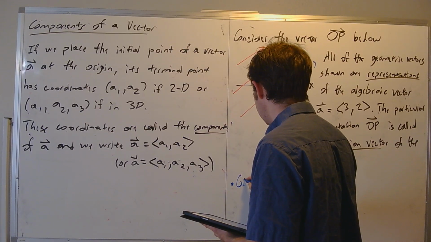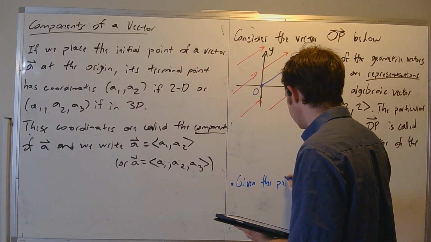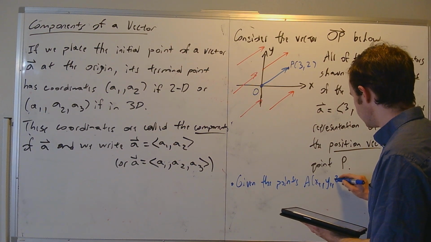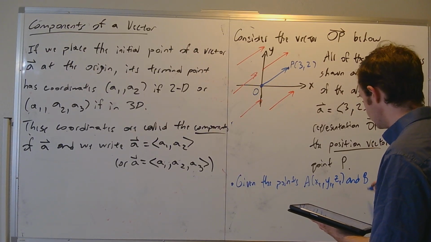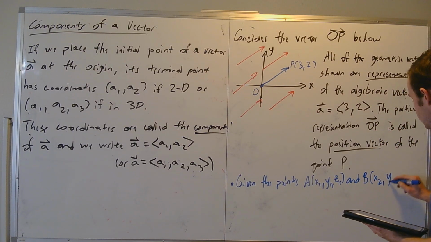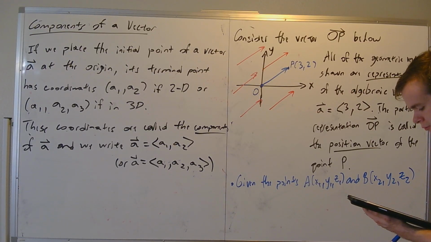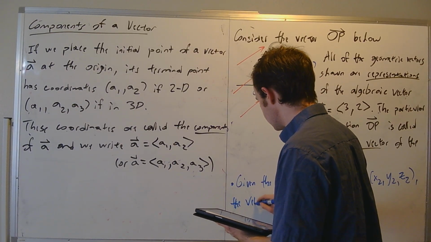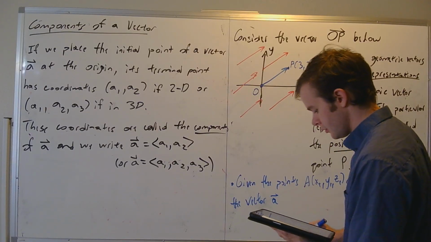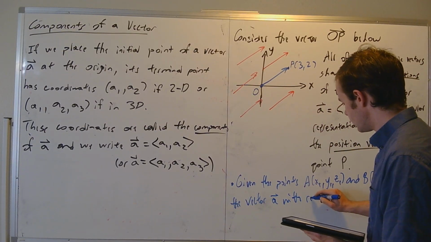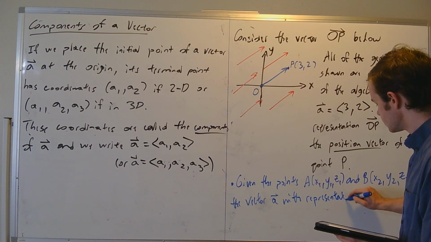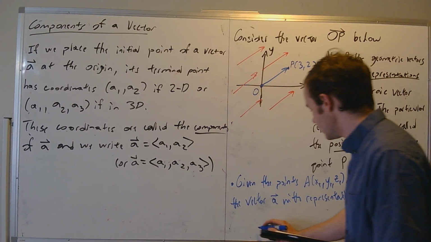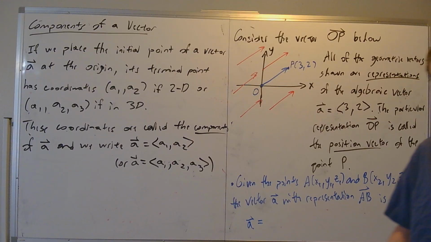Okay. The next thing to say here is, let me say here, given the points A, which is going to be x1, y1, z1, and B, which is going to be x2, y2, and z2, the vector A with a hat on it with representation AB is, okay, so now we're going to write out what the vector exactly is in terms of the coordinates of the 2 points.